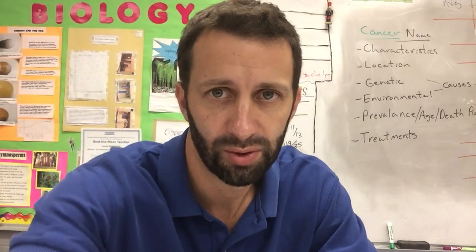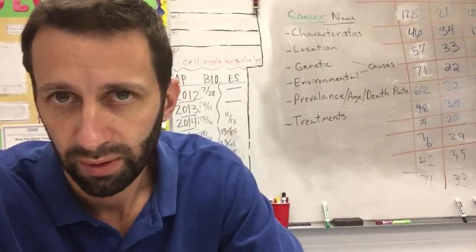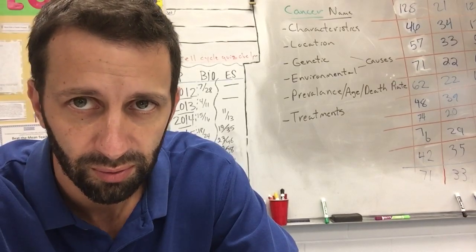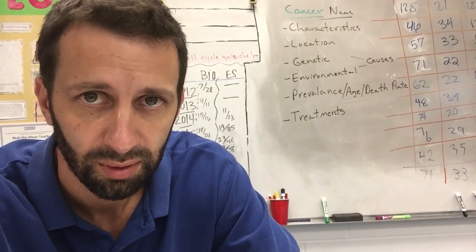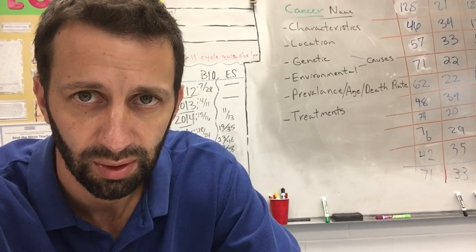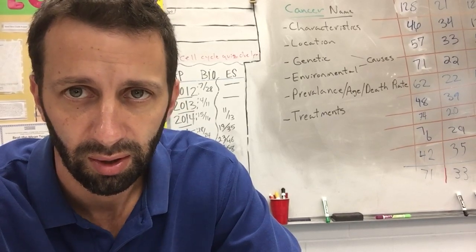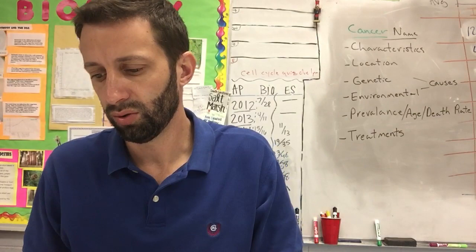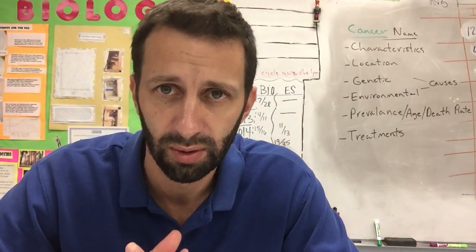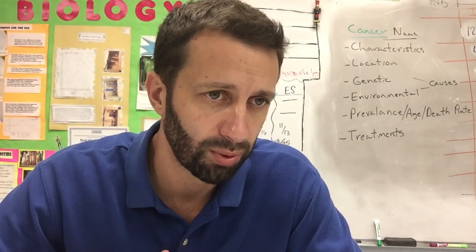So yeah, there is a short assignment I've given right here. You see it, cancer. What does that say? Characteristics, location, genetics, environment or causes, prevalence, death rate, age, and treatments available. So I'm asking that you pick some type of cancer and that you address those topics. And it should be pretty short and sweet.